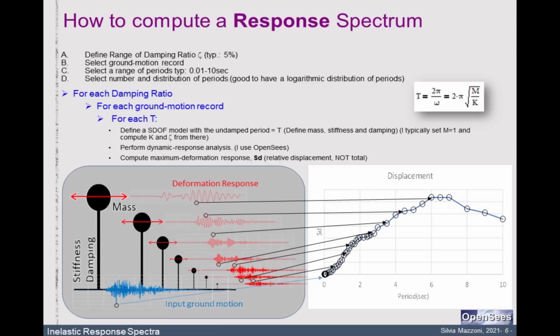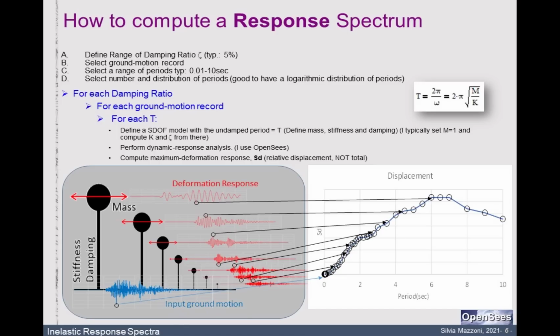This is very easy to do in OpenSees: you build single degree of freedom systems and vary different damping ratios. Typically we're only looking at 5%, but most of the time we're actually looking at a lot more damping levels, or you pick a particular one.